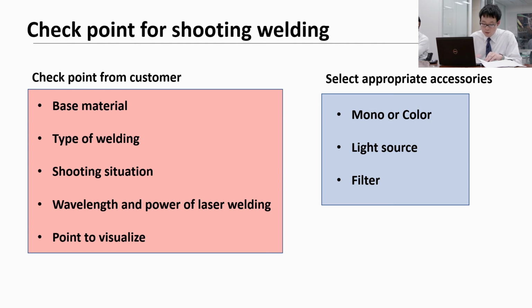And in addition, we need to select appropriate accessory for shooting welding. We should select mono camera or color camera to shoot welding, and what kind of light source and filter we should use. Before shooting welding, it is important to check such checking points.